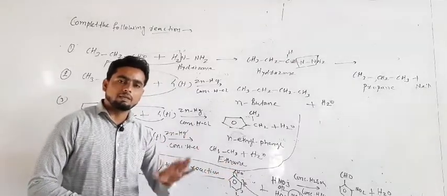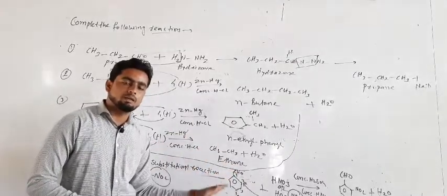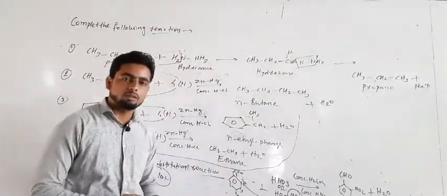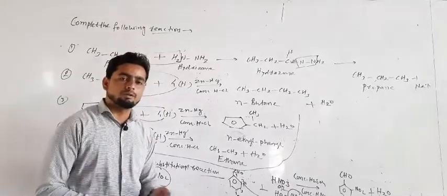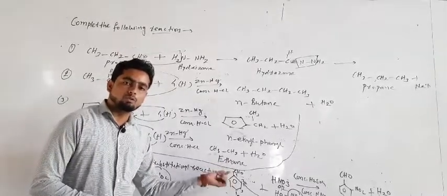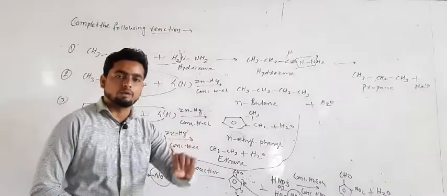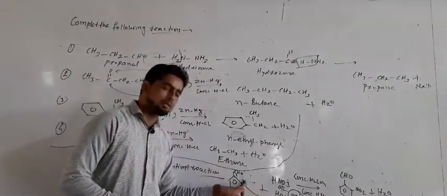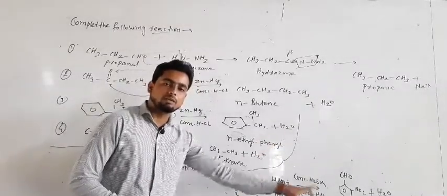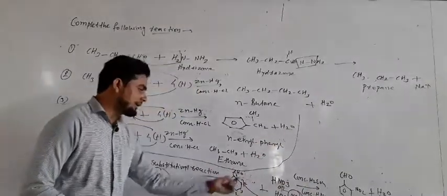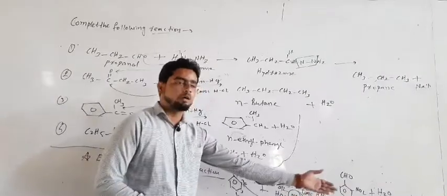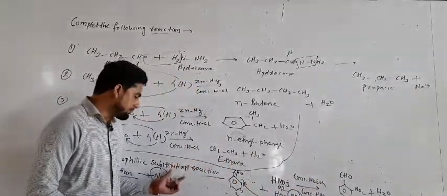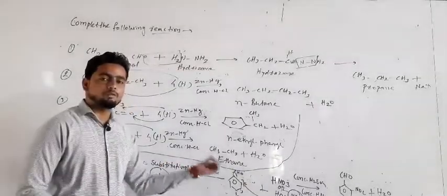So the incoming electrophile attaches at the meta position, because as compared to the ortho and para positions, the meta position is electron rich, because the carbonyl group does not attach to the meta position. So the incoming electrophile, the NO2 group, attaches to carbon number 2, called the meta position. That's why when benzaldehyde reacts with nitric acid, it forms meta nitrobenzaldehyde. It is called electrophilic substitution reactions of aldehyde and ketone.